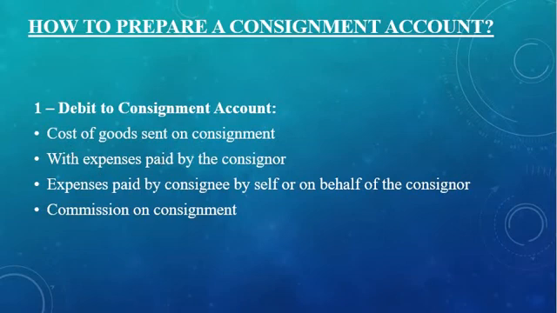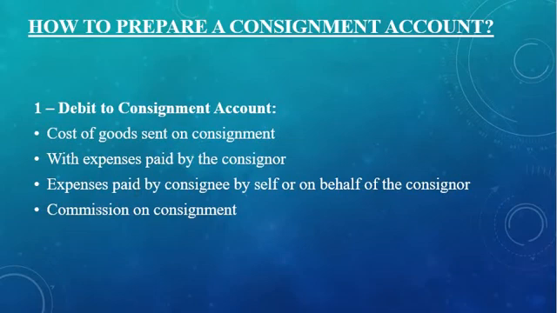Next, expenses paid by the consignee by self or on behalf of the consigner. Any expenses which are made by the consignee by himself or on behalf of the consigner will also be debited, because any expenses on consignment are borne by the consigner and not the consignee.